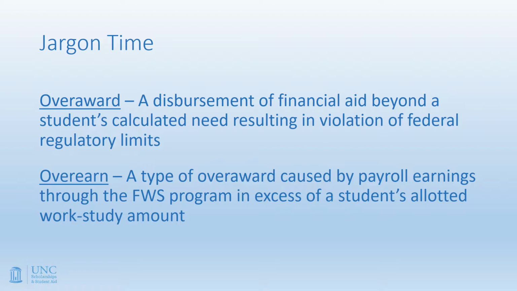Within the work study program, we have a specific type of issue called an over-earning, wherein a student earns more through their work study position than they are allowed under the federal work study or Carolina Works programs. In both cases, whether it's federal work study or Carolina Works, any amount of award over the student's allotment is a violation of programs and can lead to an audit finding, as well as fines and penalties.